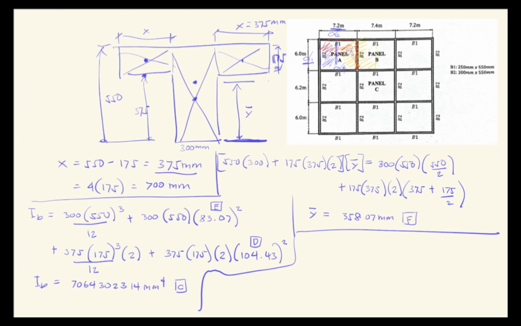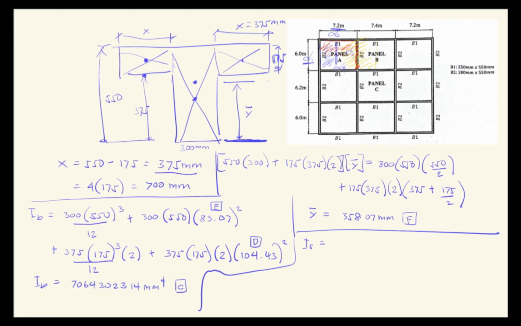So that would be half of 7.4 meters and half of 7.2 meters. So IS would be half of 7.4, so that is 3.7, and half of 7.2, so that is 3.6.